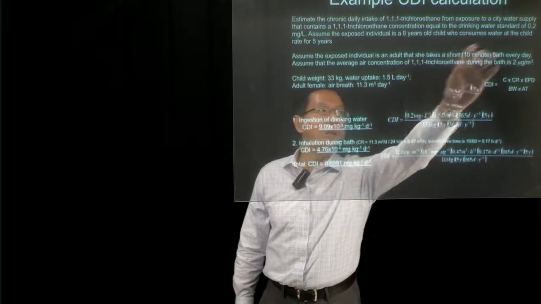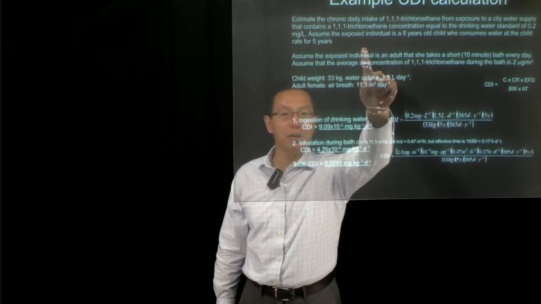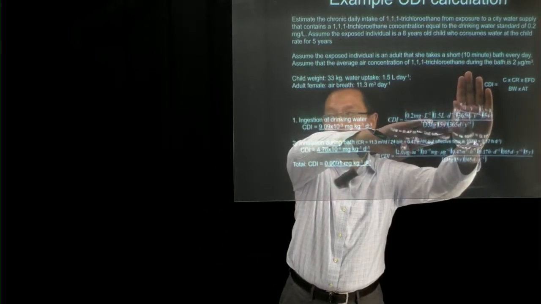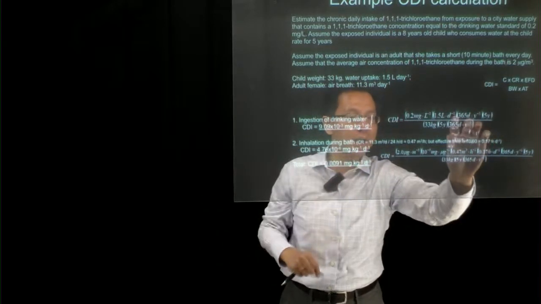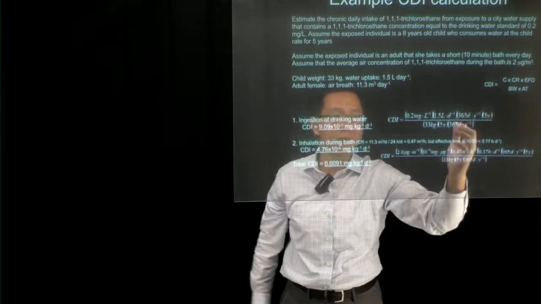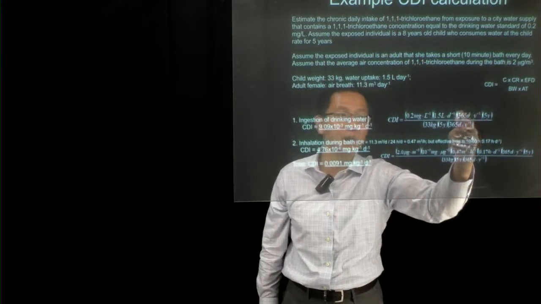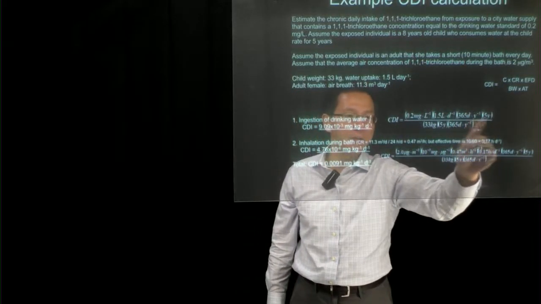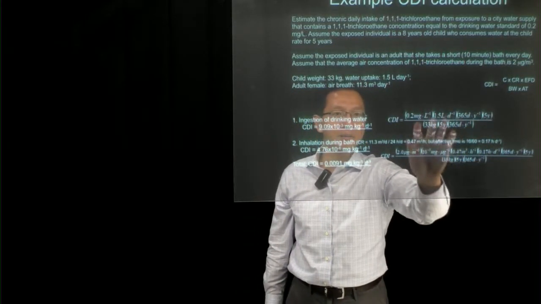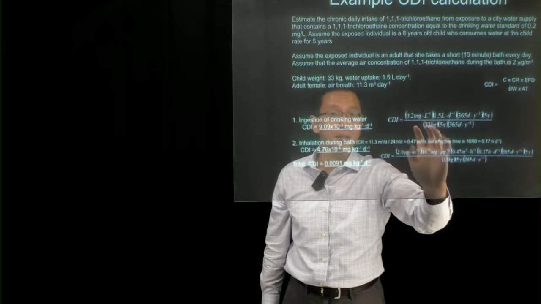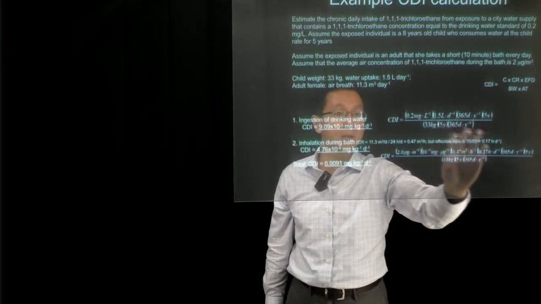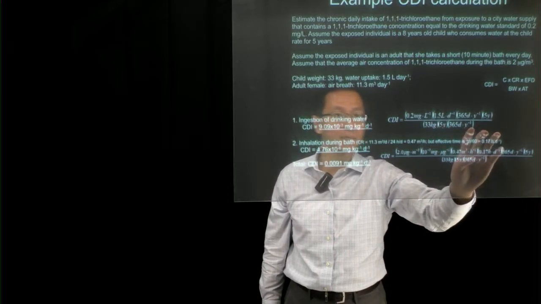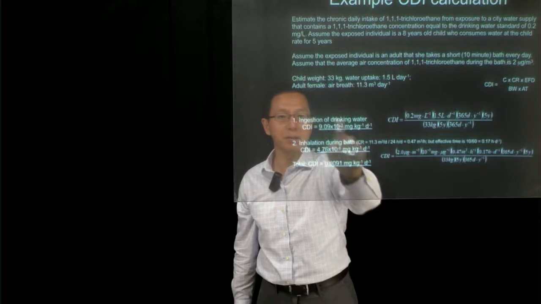Now, it's asking for 5 years. So now this is just 1 day, right? Now you multiply by 365 days per year. If you argue it could be 366, fine, you plug in there. 5 years divided by the time, that weight, and averaging time is per day. So you have 5 years, 365 days per year, end up with this number.